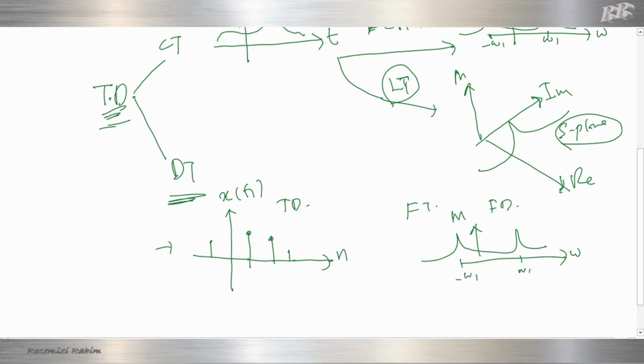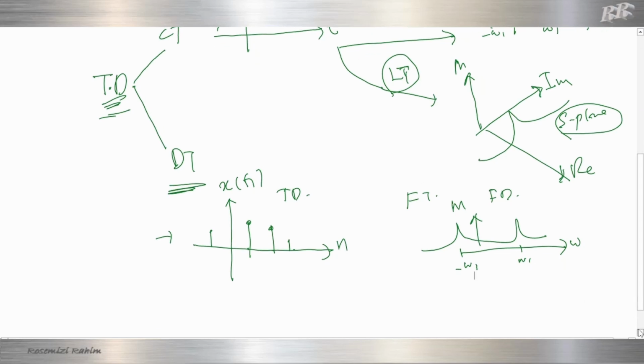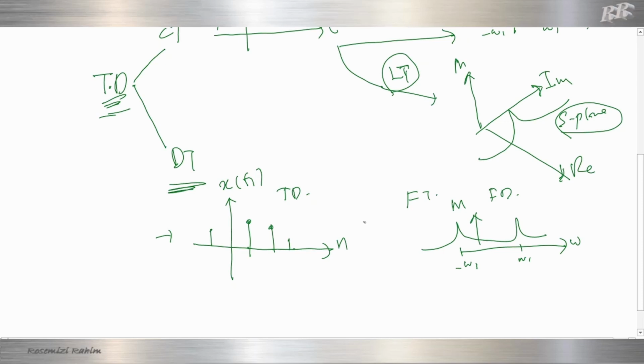We can also use Z transform. If we want to convert from time domain to frequency domain, we can use Z transform to convert from time domain to the complex frequency domain.